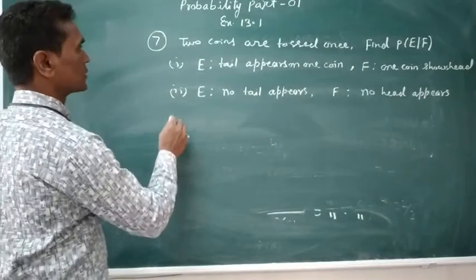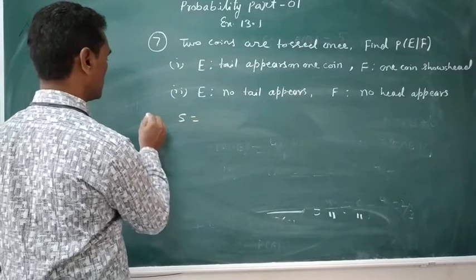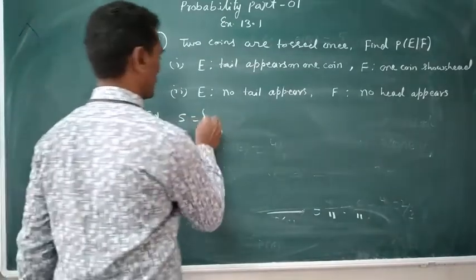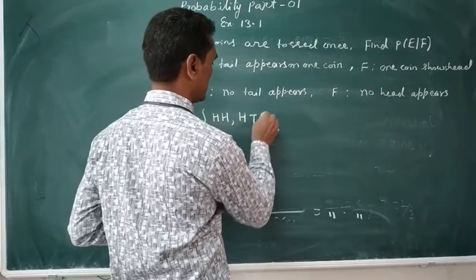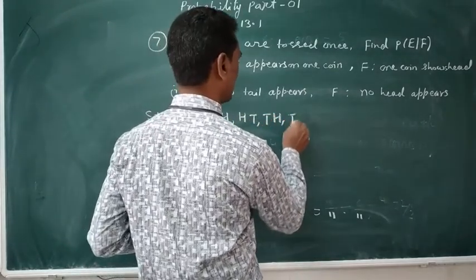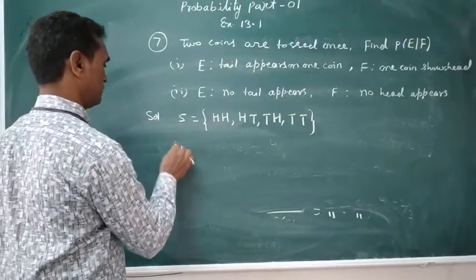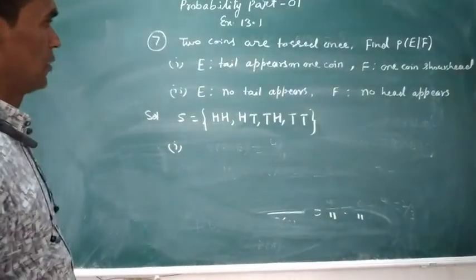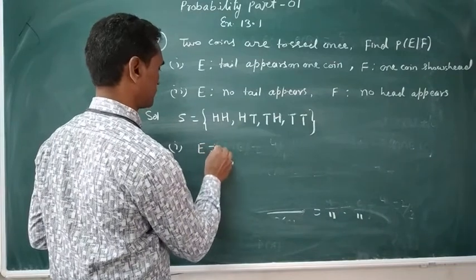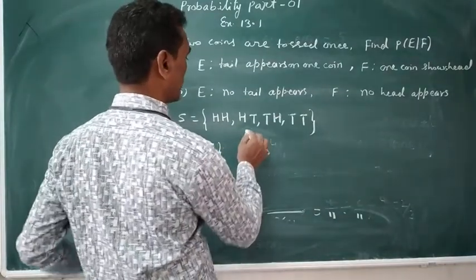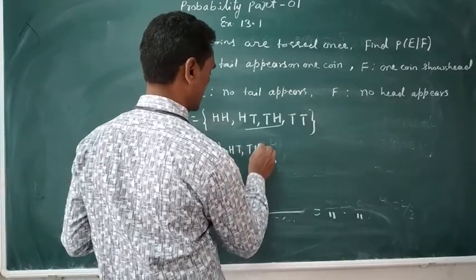So in the first situation, 2 coins are tossed, so the sample space will be HH, HT, TH and TT. The first part is that a tail appears on one coin, so E will be HT and TH.